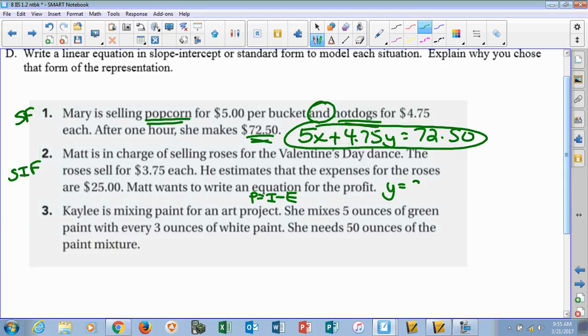That's his income. So 3.75x, and then minus his expenses. Well, they said his combined expenses are just $25. So minus 25, there is your equation for number 2. And it models the profit equation, which we talked about in Say It With Symbols.